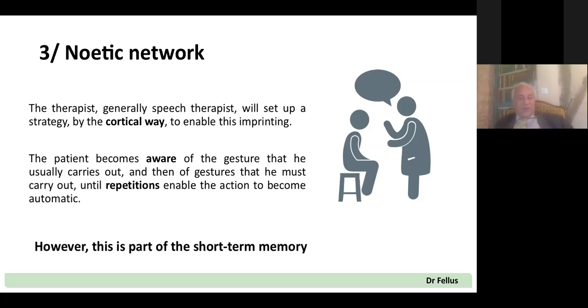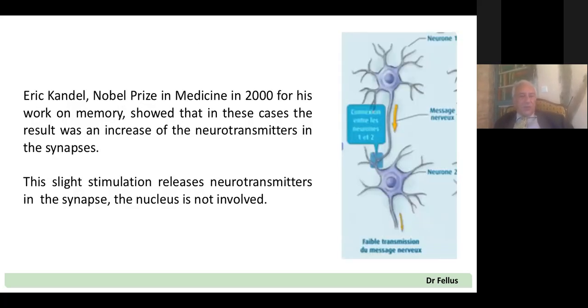But in these cases, we are only in a short-term memory. And Eric Kandel, this Nobel Prize winner, has shown that in these cases the result was an increase of a neurotransmitter in the synapse, but the nucleus is not involved.